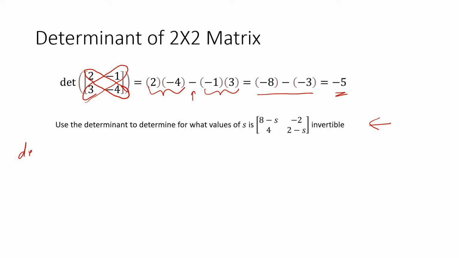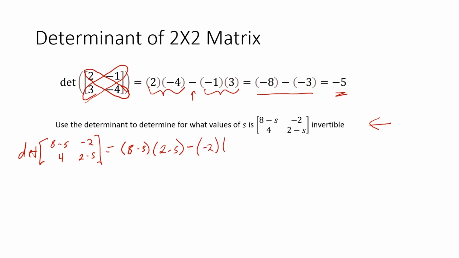So the determinant of 8 minus S, 4, negative 2, 2 minus S. Well, how do you get that? Well, it's the product of the two numbers along the diagonal. 8 minus S times 2 minus S, minus the product of the numbers along the other diagonal.